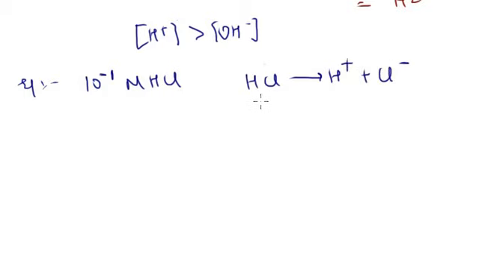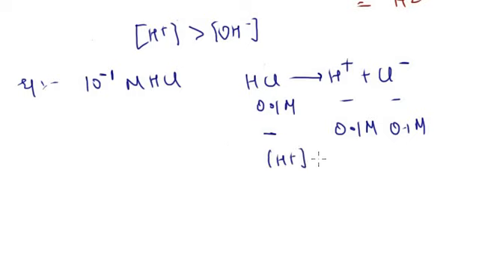Initially it is 0.1 molar. When we dissolve it in the water and it is fully dissociated into constituent ions, the concentration is 0.1 molar. So the concentration of H plus is 0.1 molar, so pH will be 1.